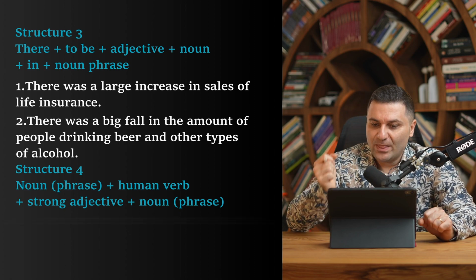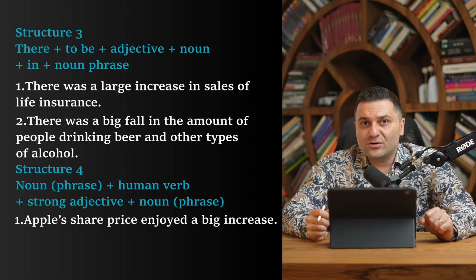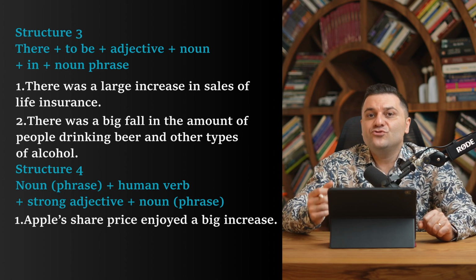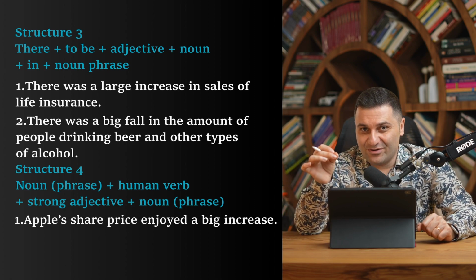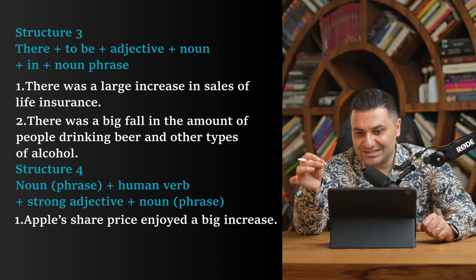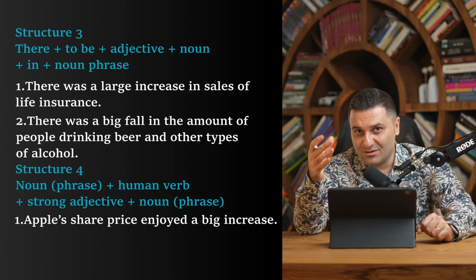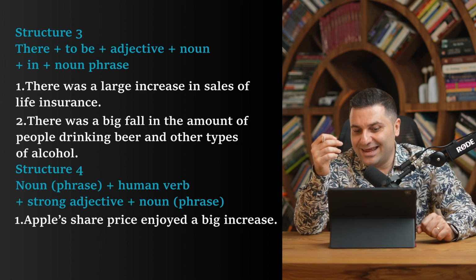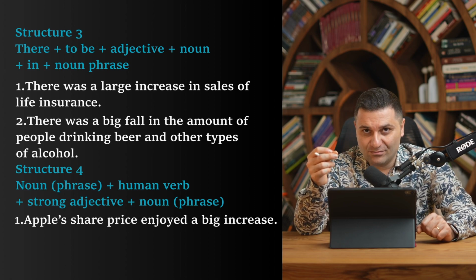For example, Apple's share price, this is our noun phrase. Enjoyed, this is our human verb. A big increase. So big is our strong adjective and increase is our noun.